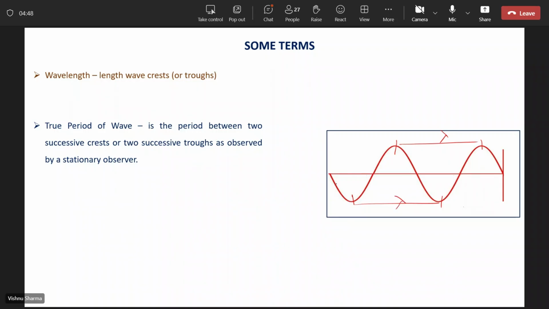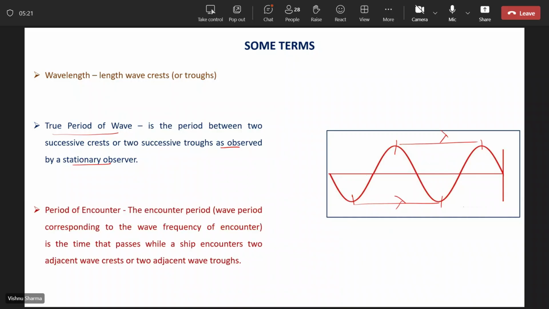The period of the wave, or the time period of the wave, is the time between two successive crests or two successive troughs as observed by a stationary observer. So if our observer is stationary and he sees one trough passing now, and with a stopwatch he again sees the second crest passing him, the interval between the two successive crests or two successive troughs is the true period of the wave.